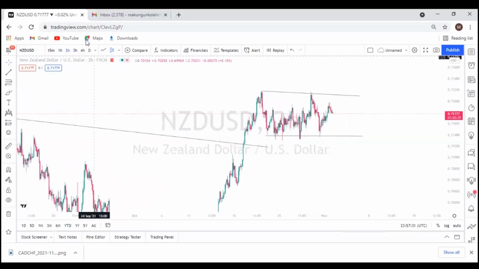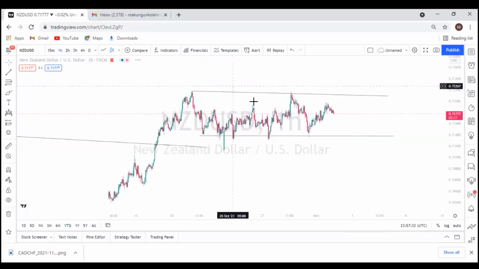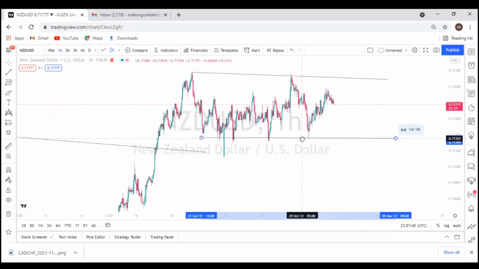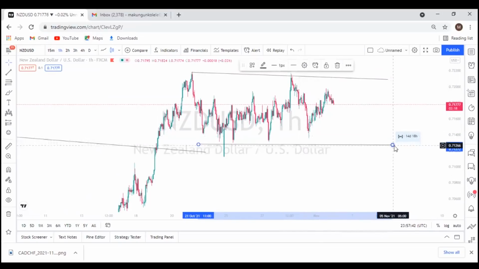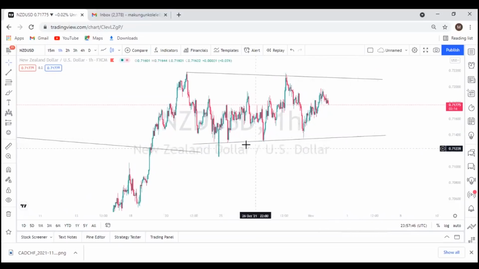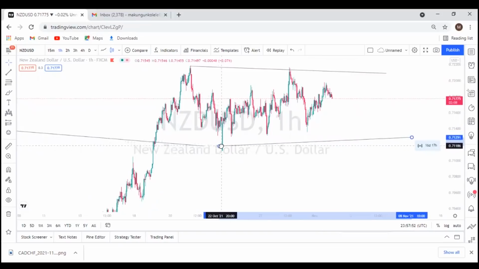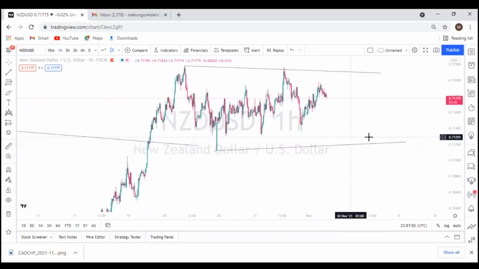So I'm just gonna go to the 1 hour time frame, because that's the sweet time frame compared to the 2 hour time frame and 3 hour time frame. So with this one, let me just adjust my trend lines, right?